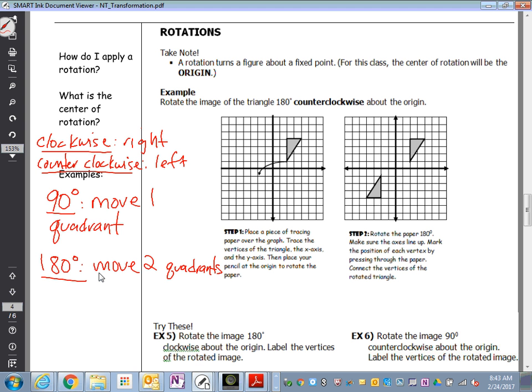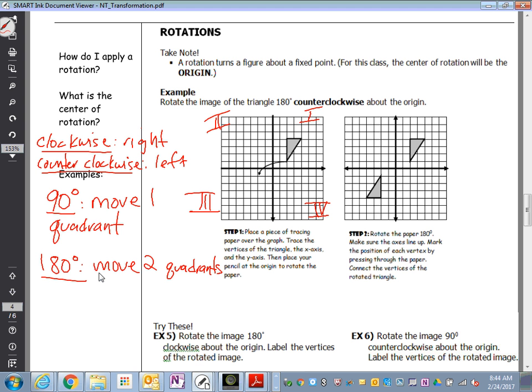So they will tell you, like this one says, going counterclockwise about the origin. If we start out in 1, where are we going to end up? 180 degrees, quadrant 3. So we're going to end up in quadrant 3 if we start out in 1. It depends on where we start.